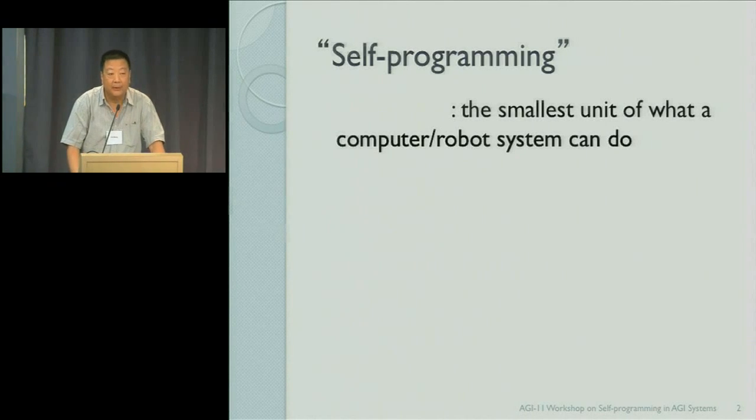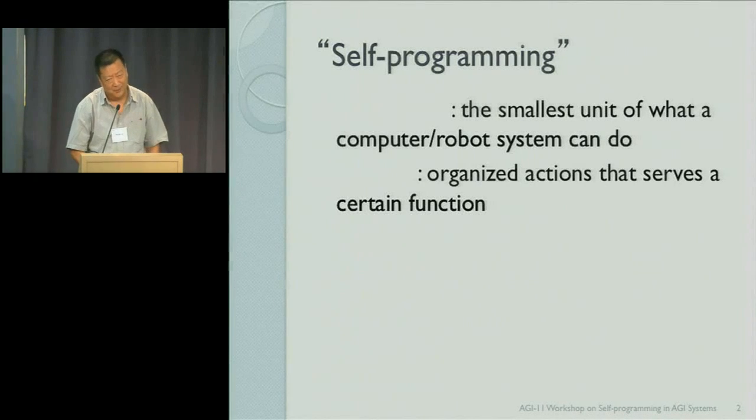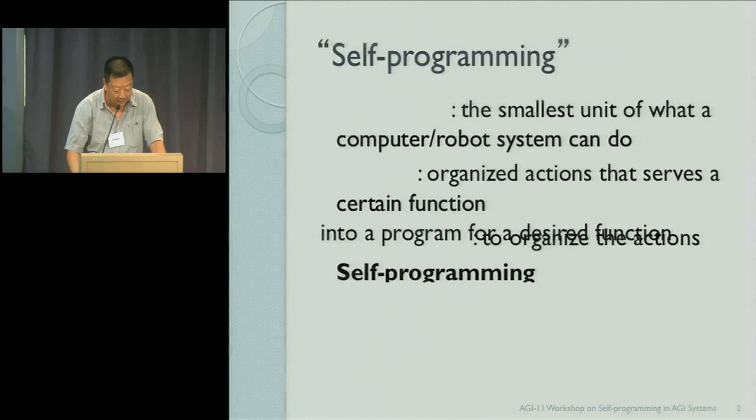The idea is, for any computer system, usually you can analyze its activity in terms of a small set of smallest units of what the system can do. We can call that a basic action, and then using those things, we can form something we call a program. A program is just those actions organized together in a certain order.